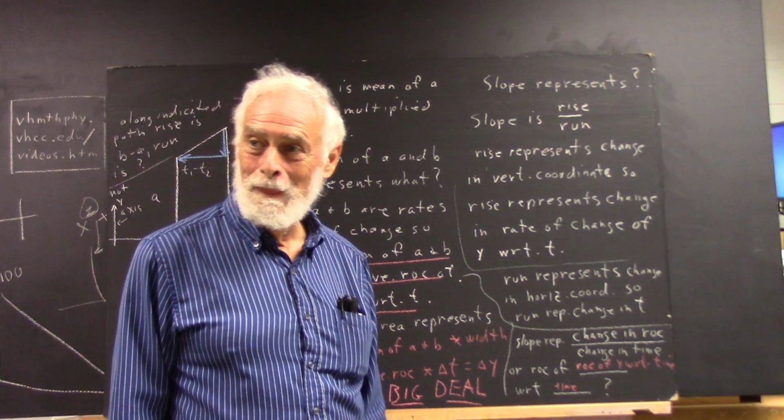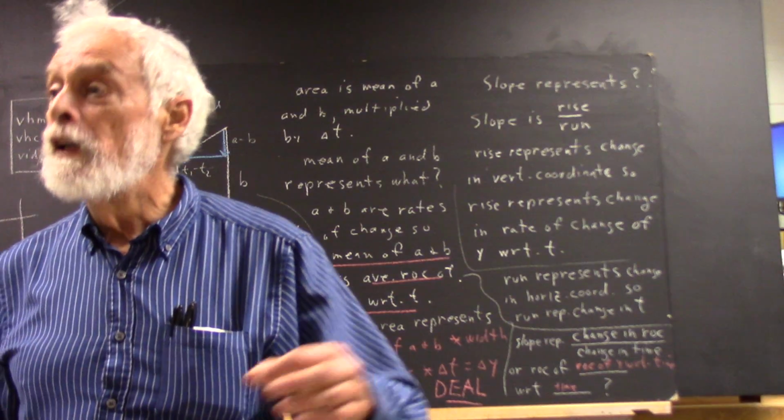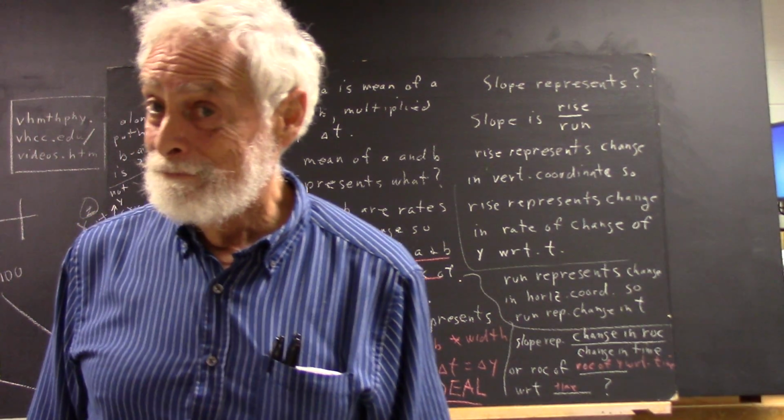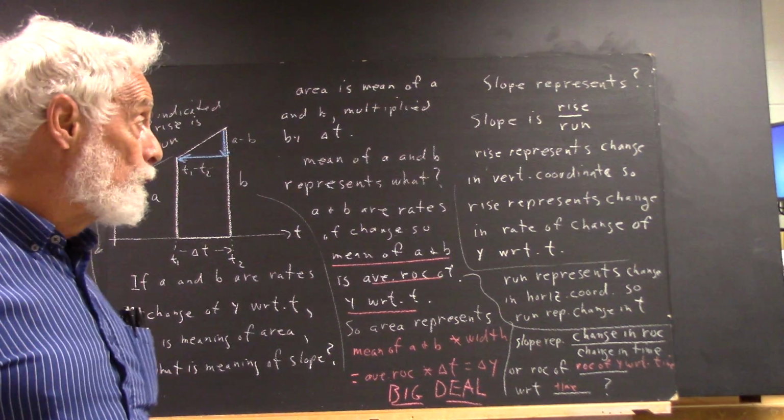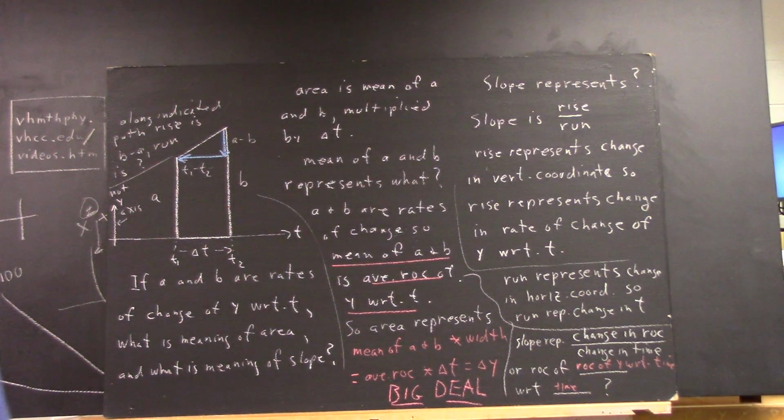Okay? It's a rate of change of a rate of change. That make sense? It's the rate at which the rate is changing. Okay, a rate can change. So a rate can have a rate of change, right?